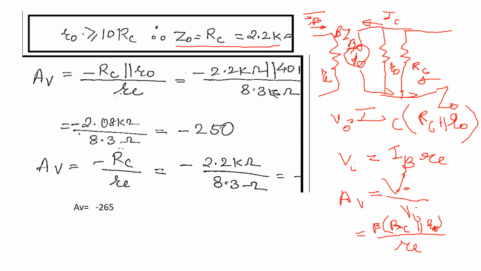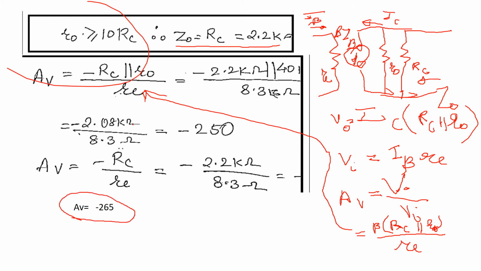In this way this relation has come. And you get the value of voltage gain AV as minus 265 when you substitute the various values.